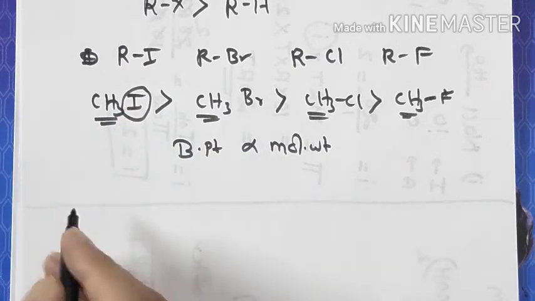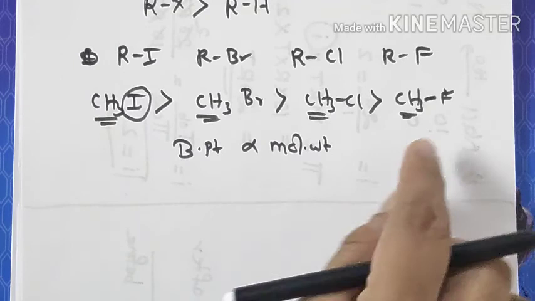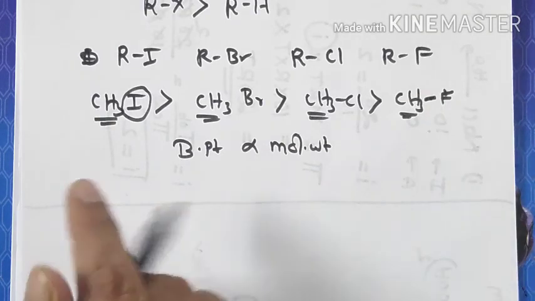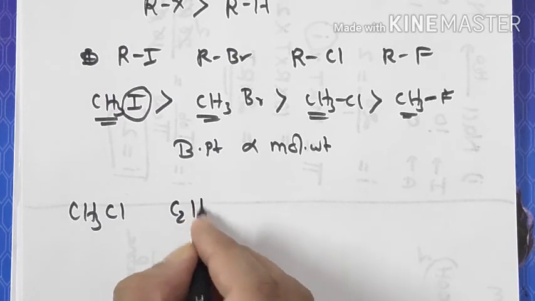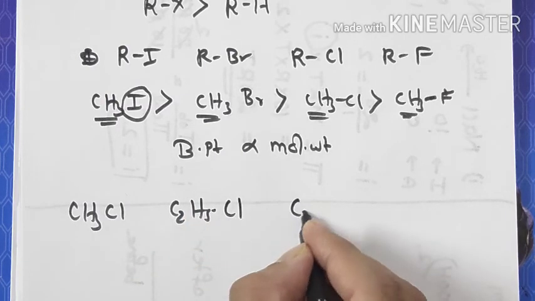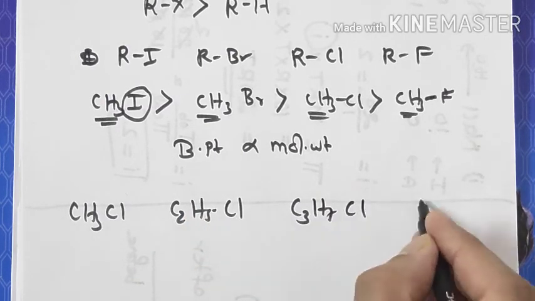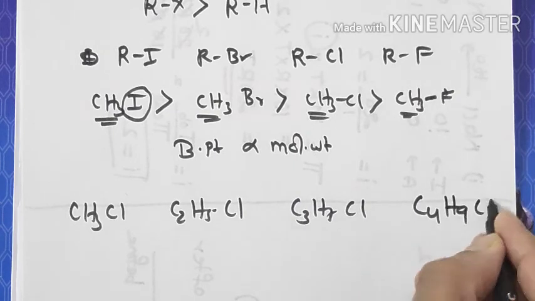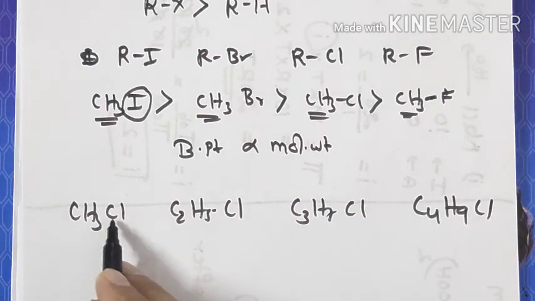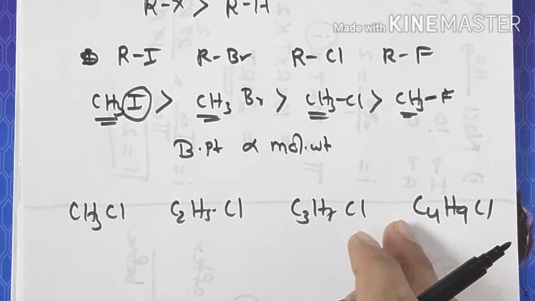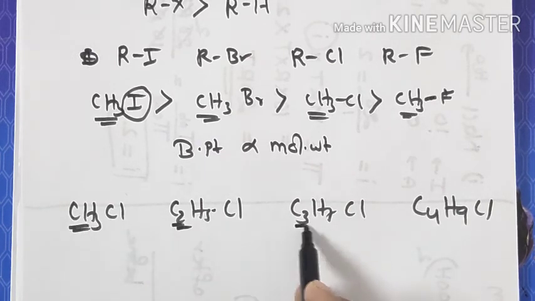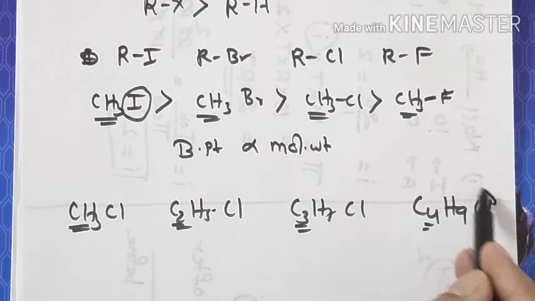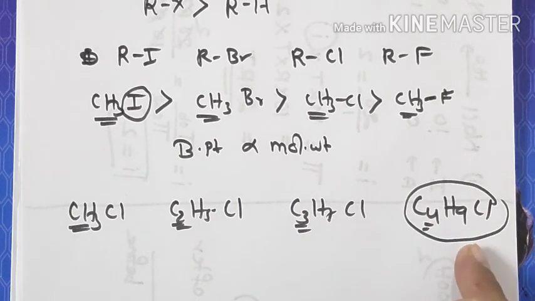Now suppose I take one more example, with the same halogen: CH3Cl, C2H5Cl, C3H7Cl, C4H9Cl. All have the same halogen, but the carbon count is 1, 2, 3, 4. This means C4H9Cl will have the highest molecular mass, so its boiling point will be higher.